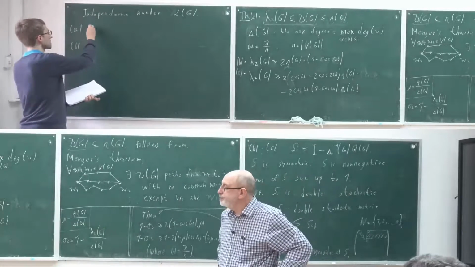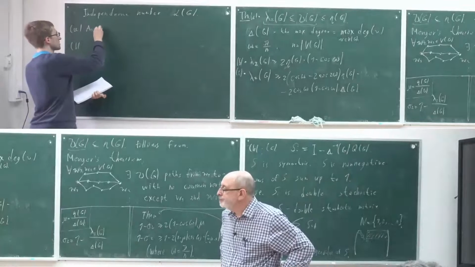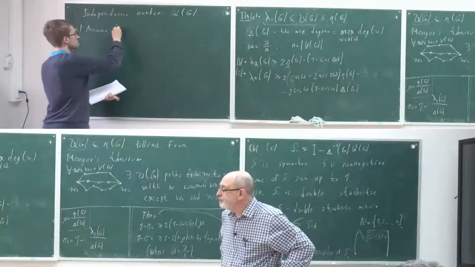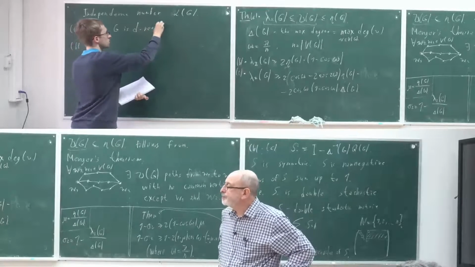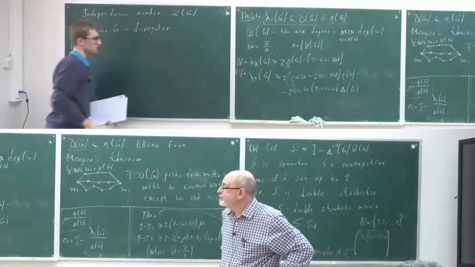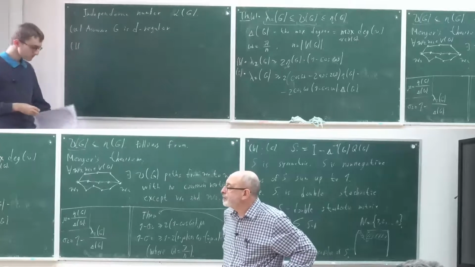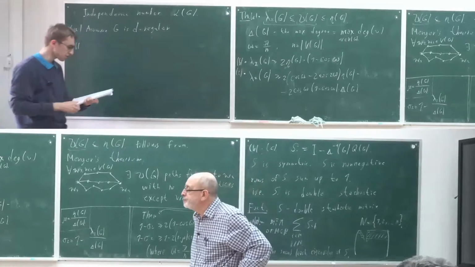First, actually, the first result is the following. Let us assume that G is d-regular. So that means that all vertices of G have degree d.